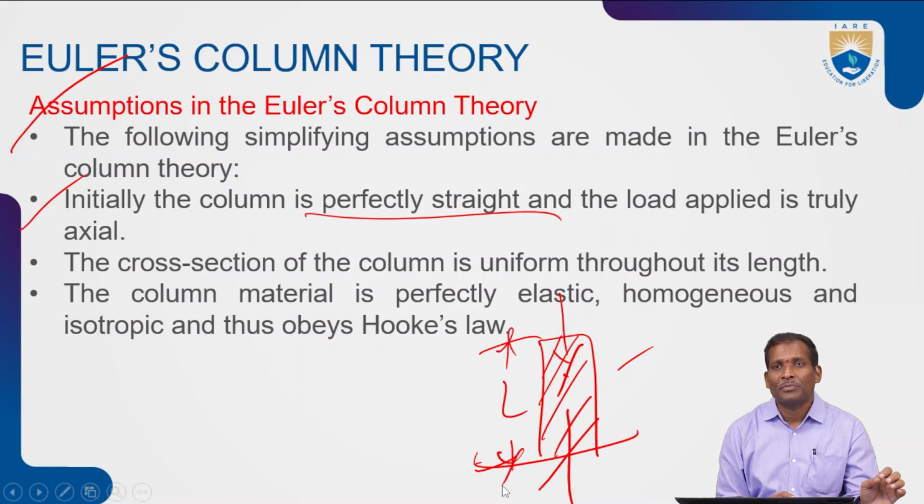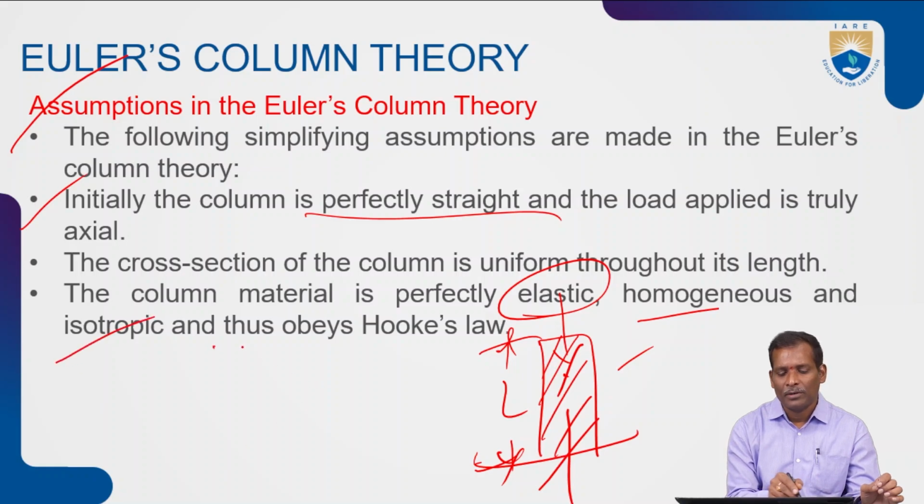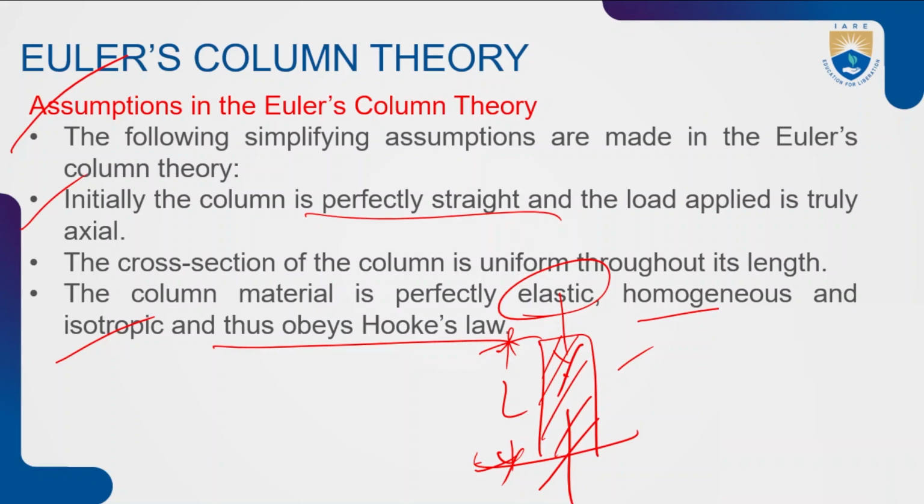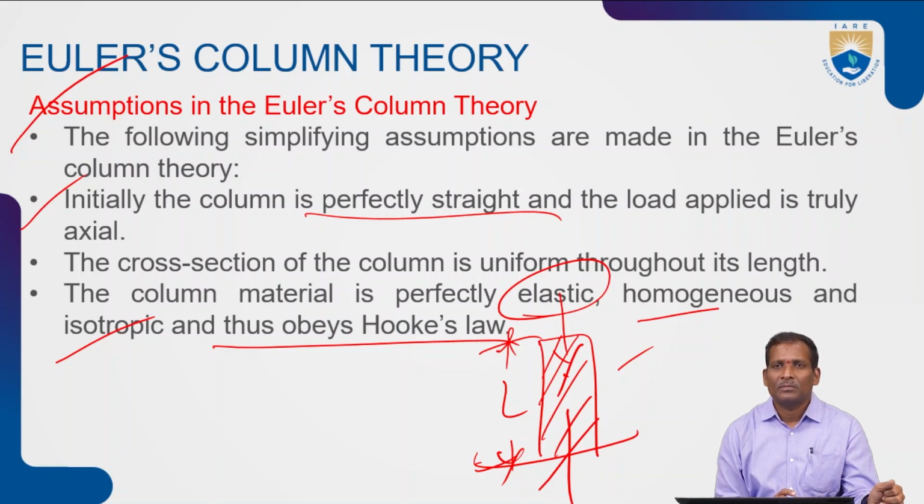The column material is perfectly elastic, homogeneous and isotropic, and obeys Hooke's law. Elasticity is the property whereby, when the load is removed, the material regains its original shape.